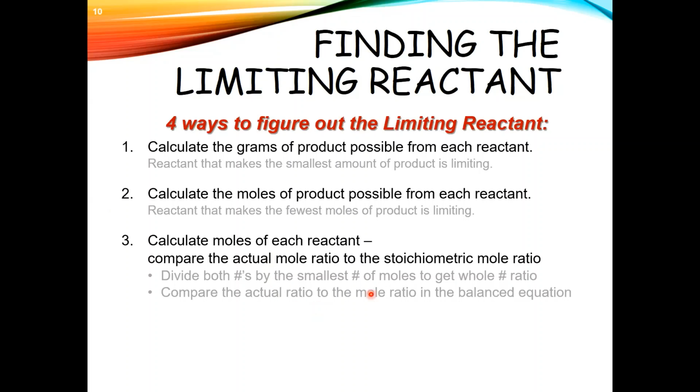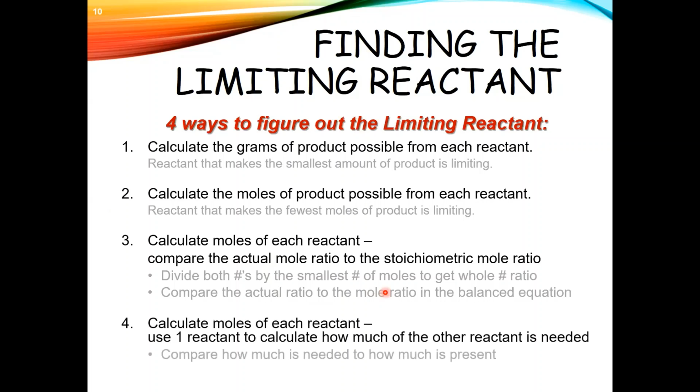Then we're going to have to compare the actual ratio to the mole ratio in the balanced equation, figure out which one is off, whether one of our reagents is high or low. And then the last one we tried was to calculate the moles of each reactant and use one reactant to figure out how much the other reactant is needed.